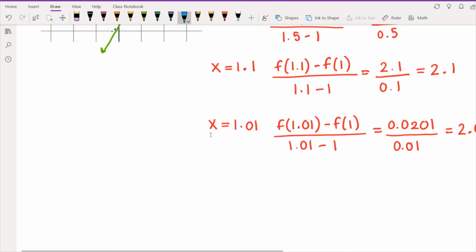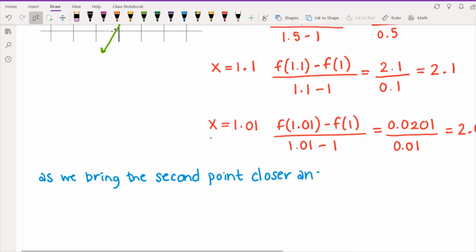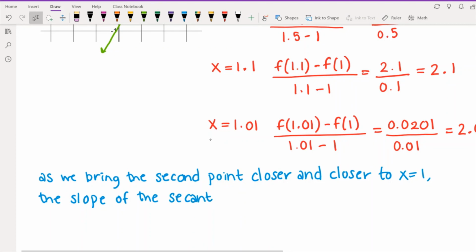So basically what we're finding is that as we bring the second point closer and closer to x is equal to 1, the slope of the secant line gets closer and closer to 2.